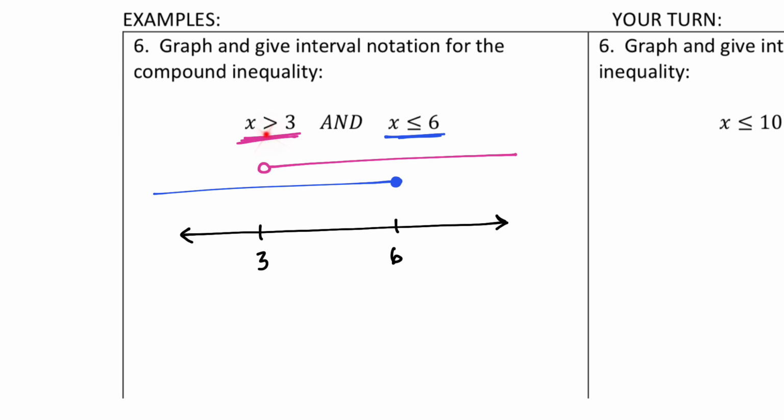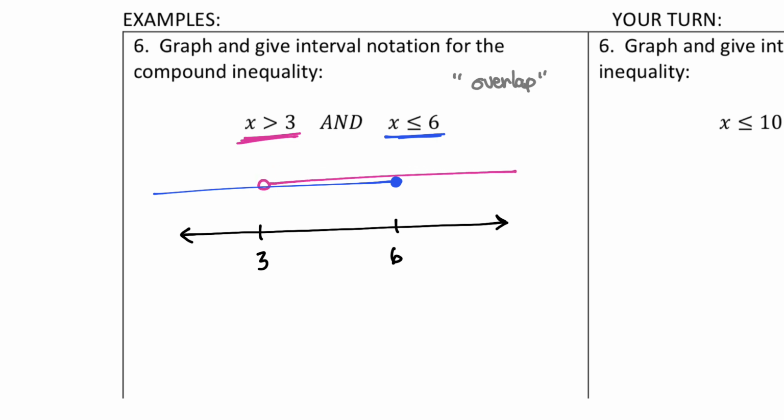Okay, now we want and. We want where they overlap. So where do they overlap? Where does the pink and the blue overlap? It's right in there, right? Because if you're dropping them down onto the answer line, which I'm not going to do, I'm just going to drop them onto each other, basically.